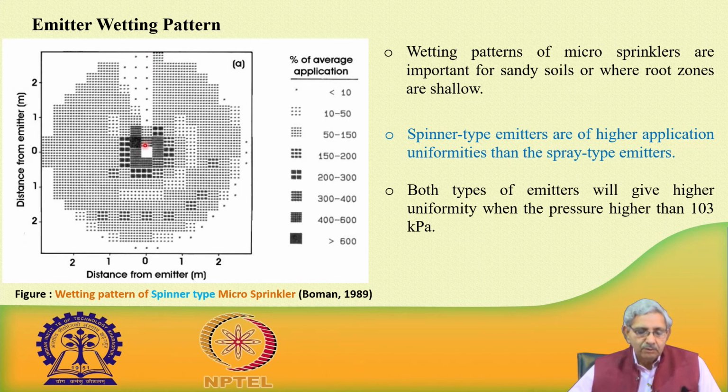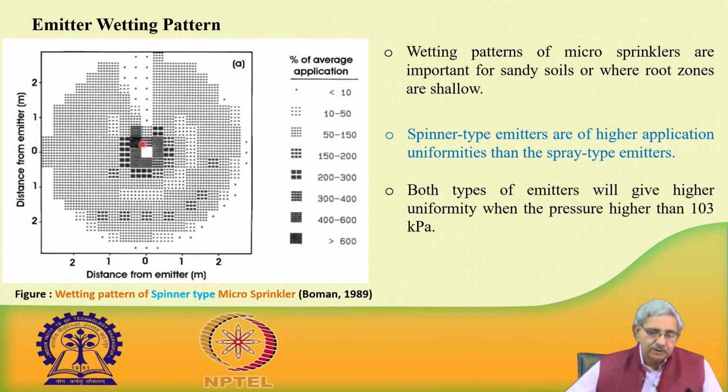So, in the case of a spinner kind of micro sprinkler, the wetting is near the sprinkler head. You can see that this is the center at which the sprinkler stake is.